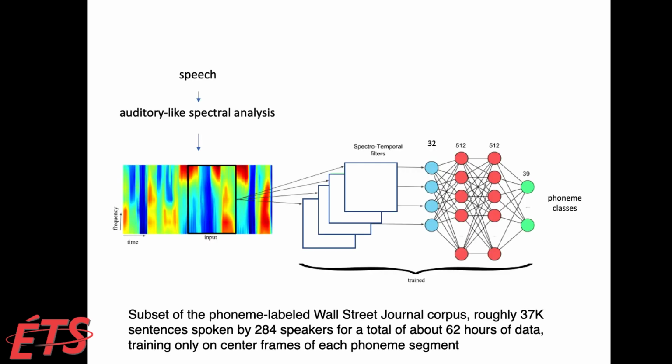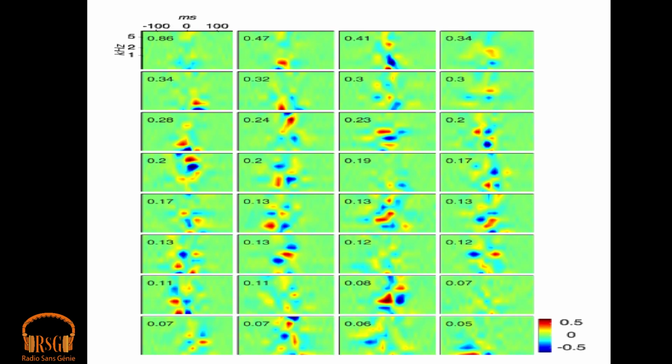So we take the input and we project it on different time frequency patterns. Then it goes into the whole deep net, and we are trying to classify the phonemes at the output. How does the result look? Again, qualitatively similar.